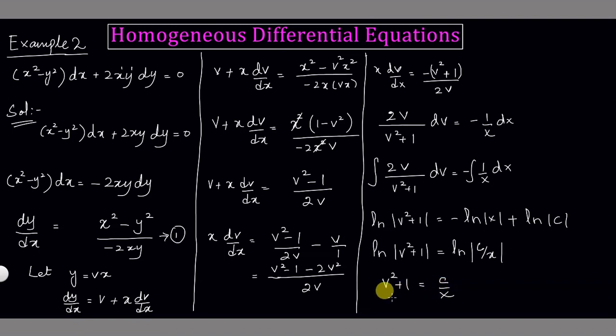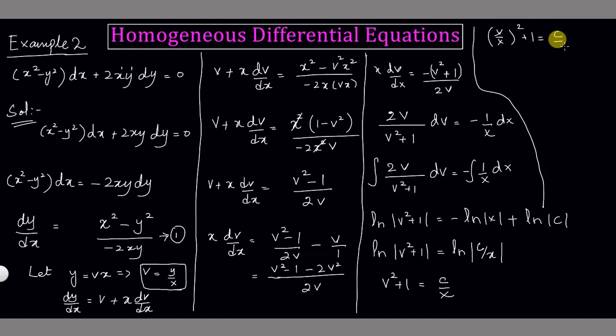This is not our final answer because we have to replace v. The value of v will be y over x. This value will be substituted over here, so you will get y by x whole square plus 1 is equal to c over x.